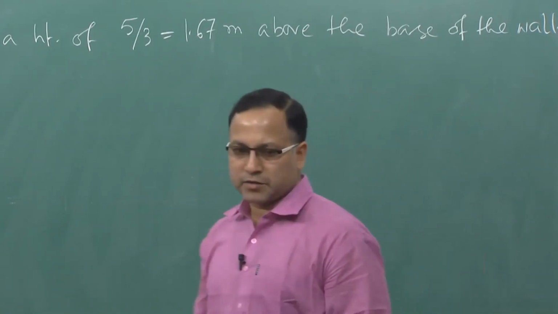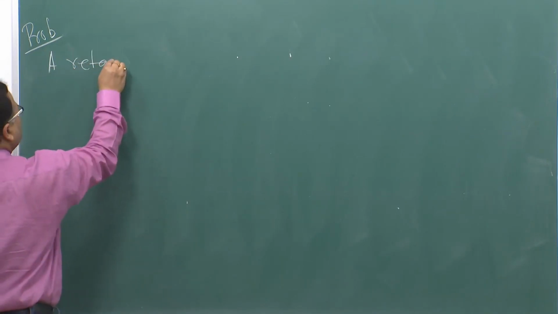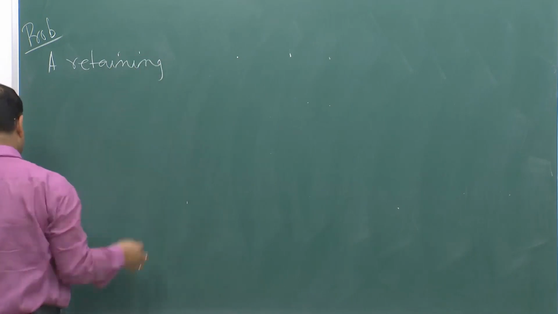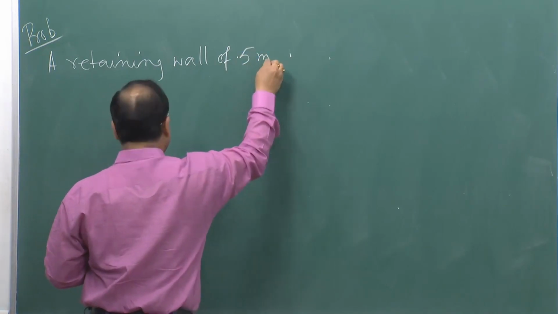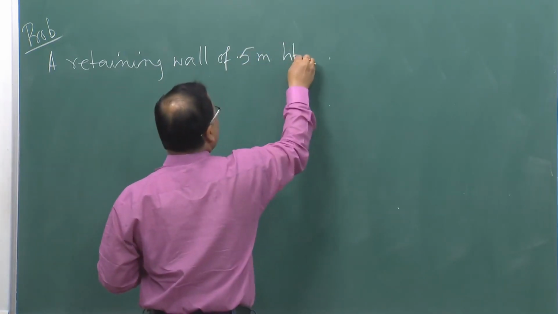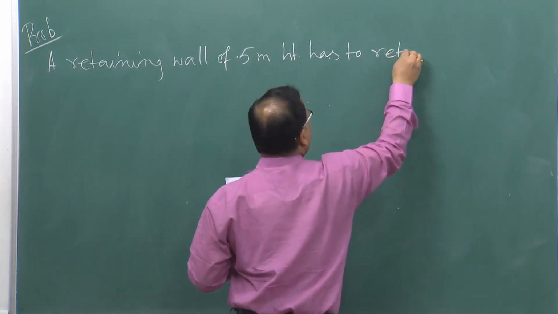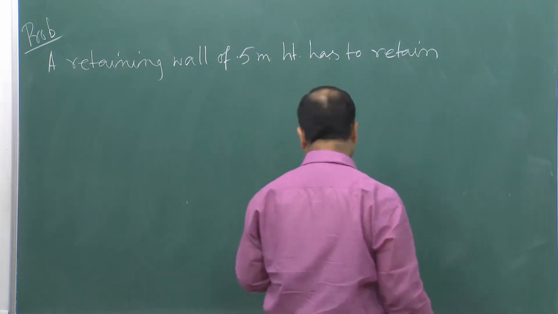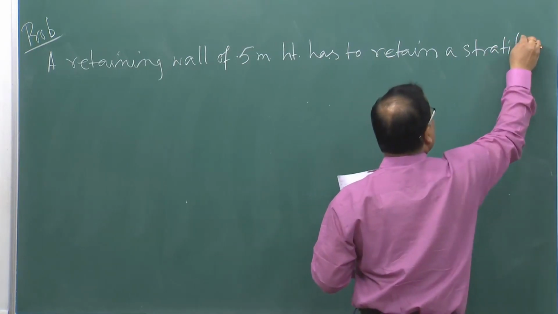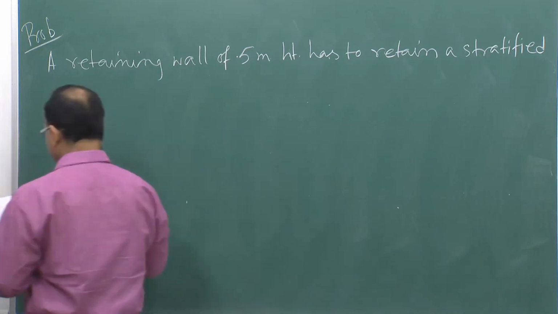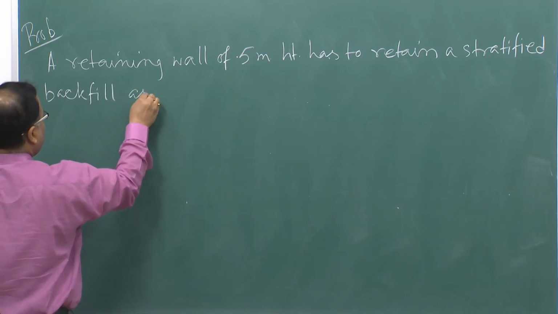So, we will take the next problem. The next problem says: a retaining wall of 5 meter height has to retain a stratified backfill as shown.